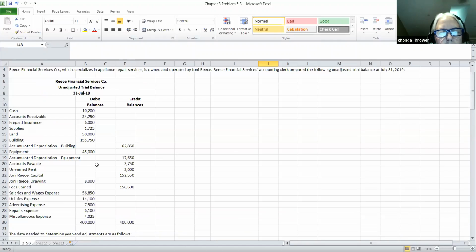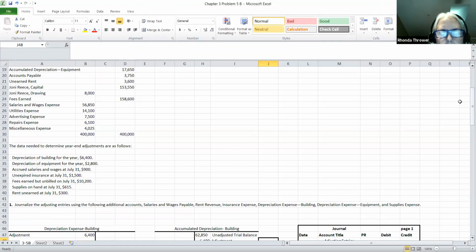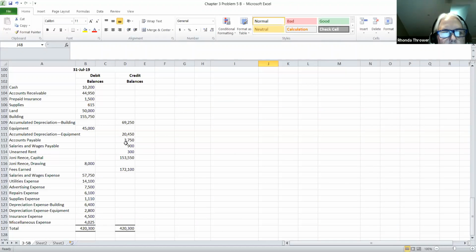You're just going to simply copy the balance that's still in there from your ledger into your adjusted trial balance. Now, all of these balances are coming from your ledger because you should have posted the adjusting entries to the ledger. All of the ledger account balances are updated. So all you're doing is copying from your ledger into the adjusted trial balance.